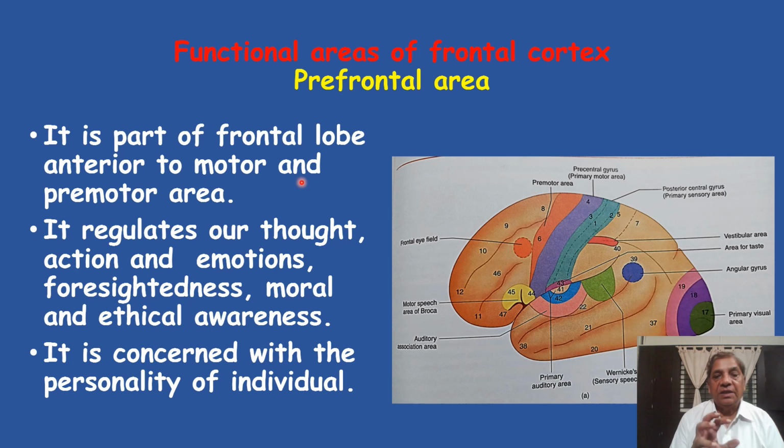So this is a large part of the frontal lobe, anterior to the motor and premotor area. The function of this prefrontal area is to regulate our thought, our action, our emotion, our foresightedness, our moral and ethical awareness. So a lot of functions are stored in this prefrontal area.